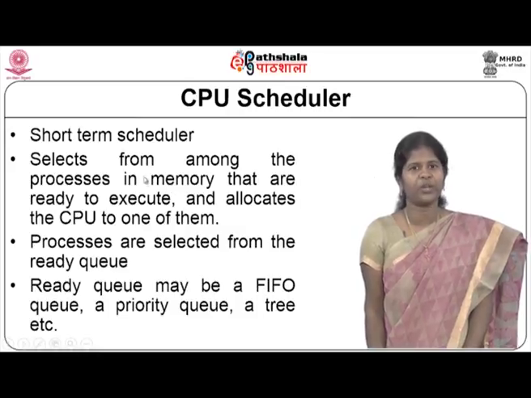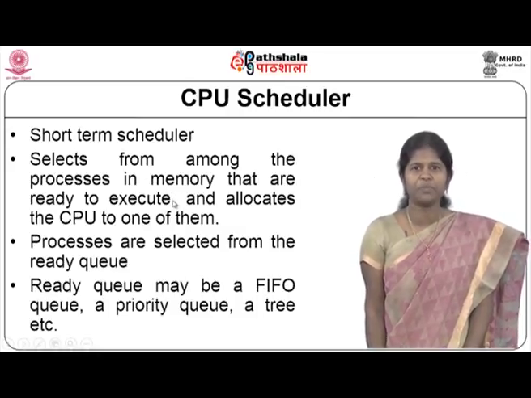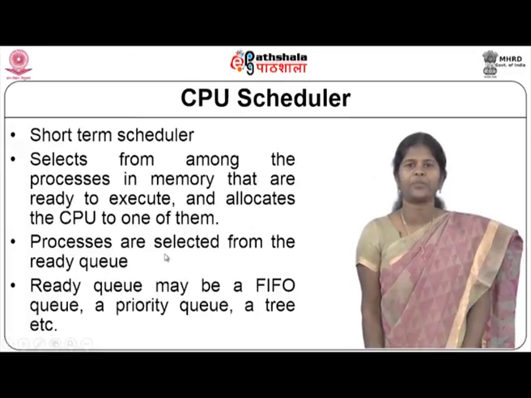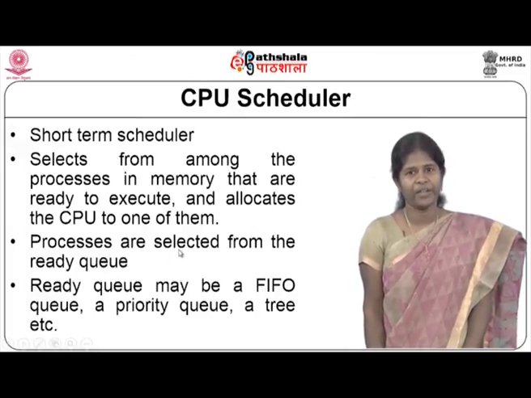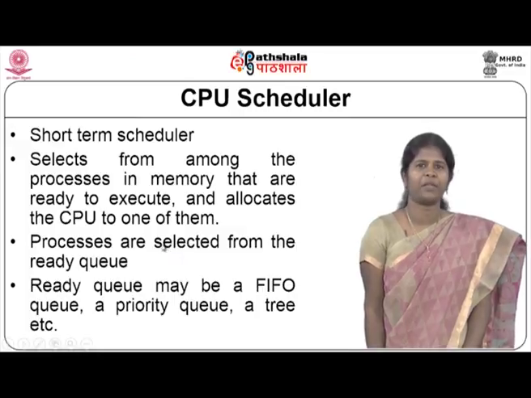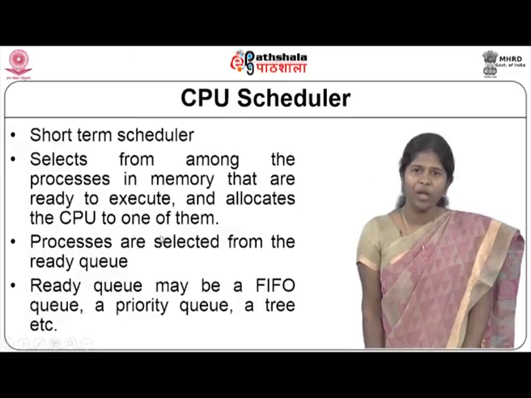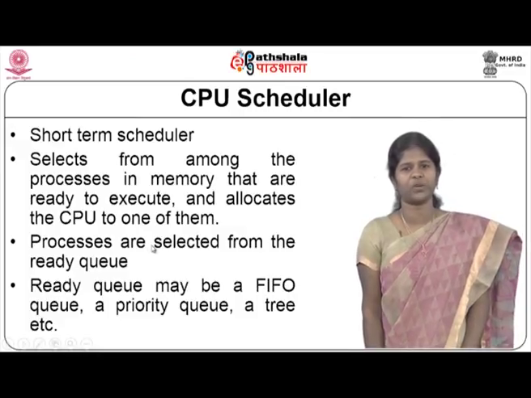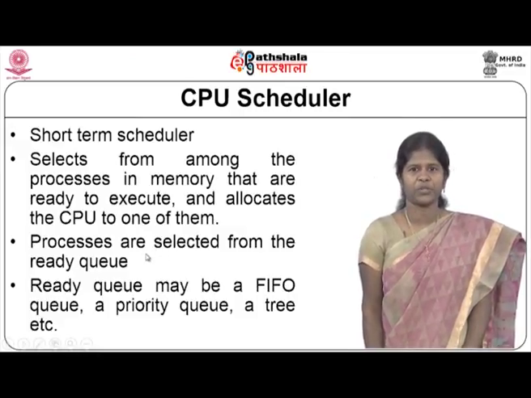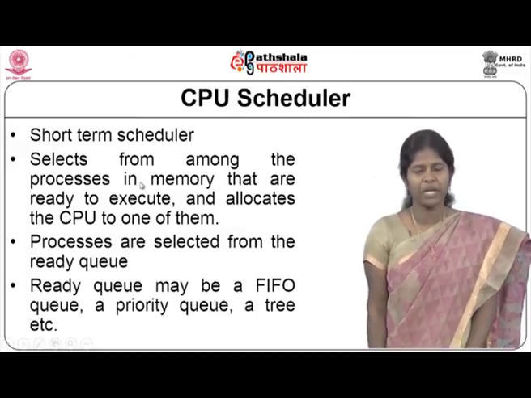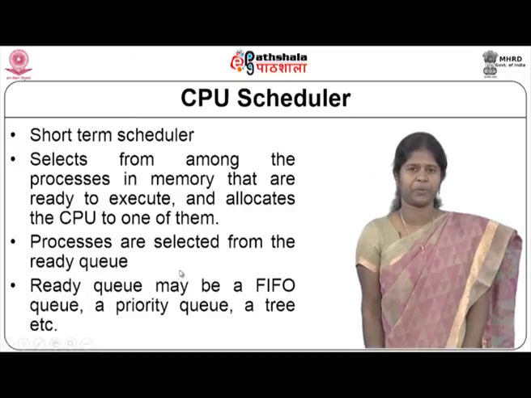The CPU scheduler is responsible for picking one process from the number of processes that are waiting and assigning that process to the CPU. We have already learned that a process can be in a ready state, waiting state and so on. All processes that are waiting to execute will be present in the ready queue. So, the CPU scheduler is responsible for selecting one among these processes and giving it to the CPU.